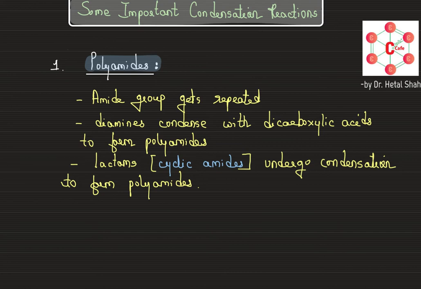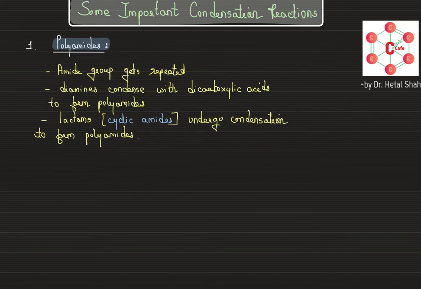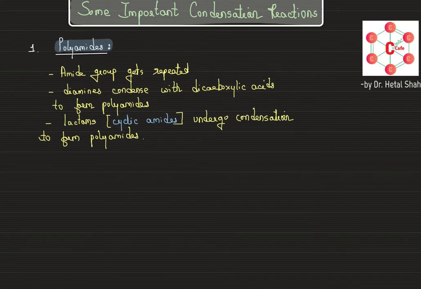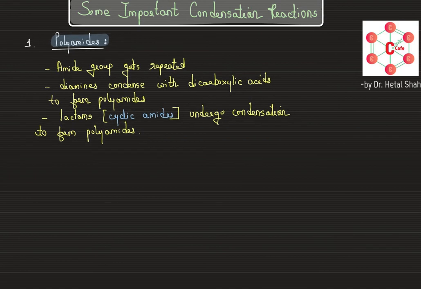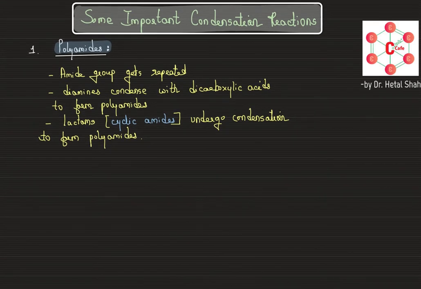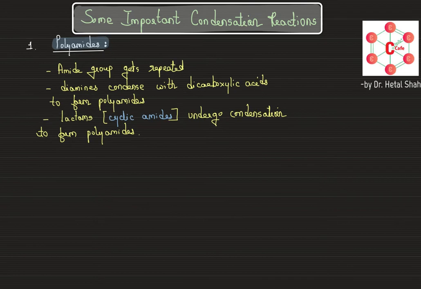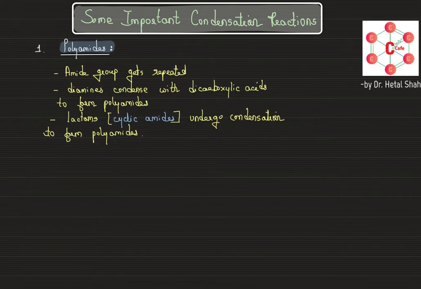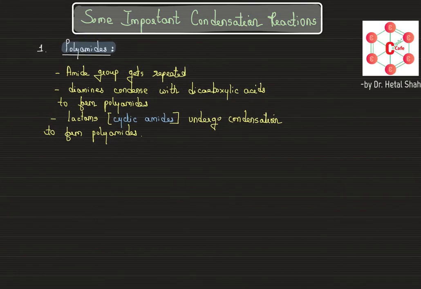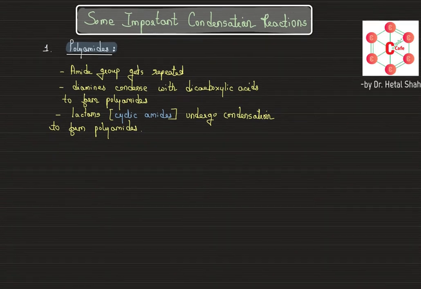Now, you must know that there are two important types of polymers which fall in this category. One being nylon 6,6 and the other being nylon 6. So let us start with nylon 6,6.